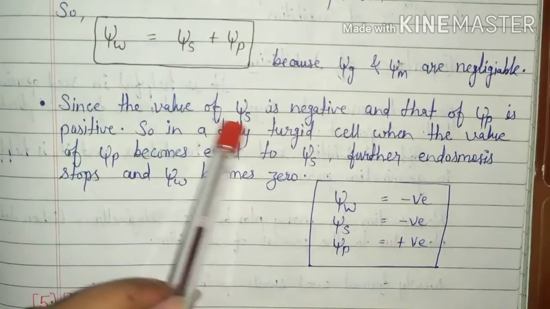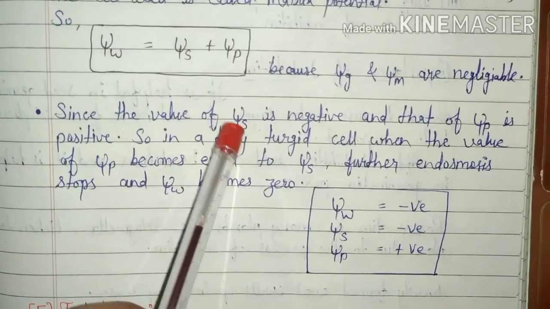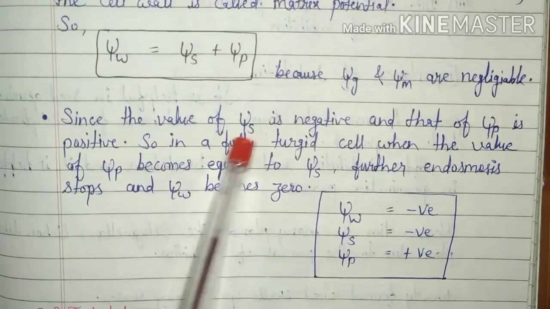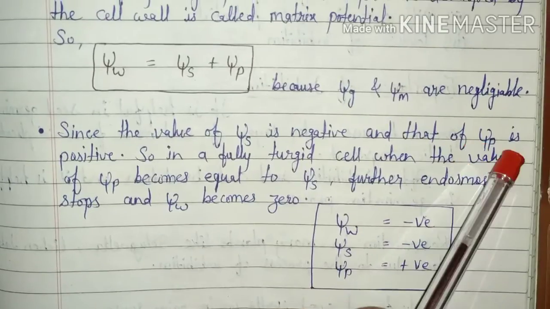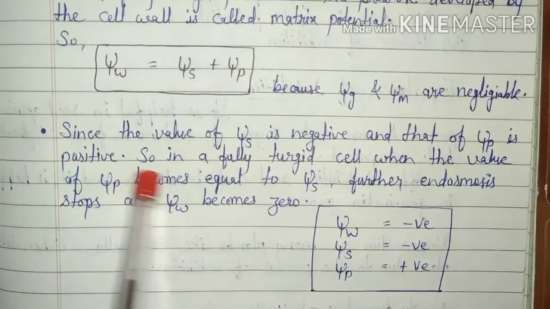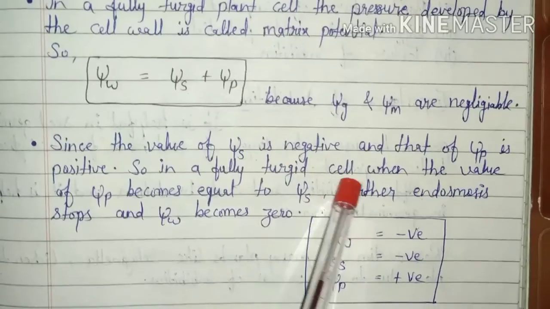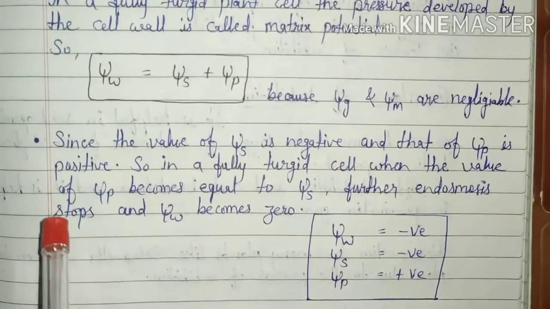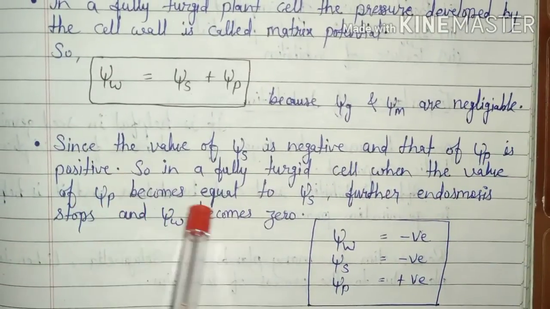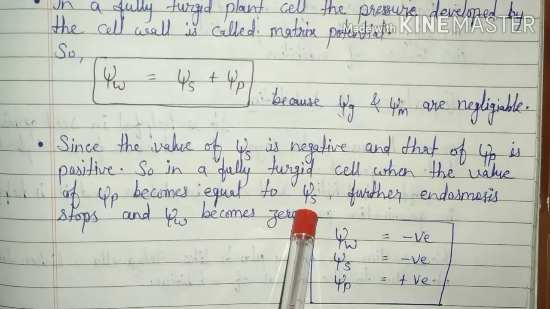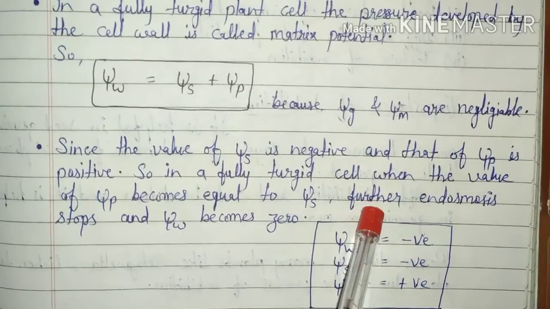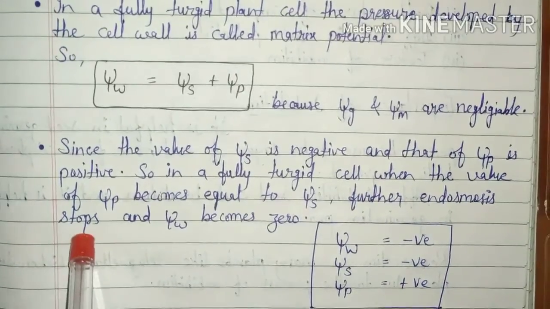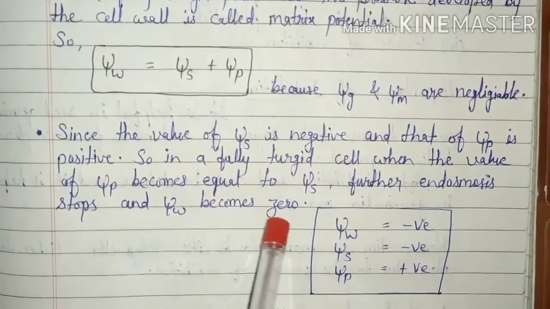Since the value of solute potential or osmotic potential is negative and that of pressure potential is positive, in a fully turgid cell, when the value of pressure potential becomes equal to solute potential or osmotic potential, further endosmosis stops and water potential becomes zero.